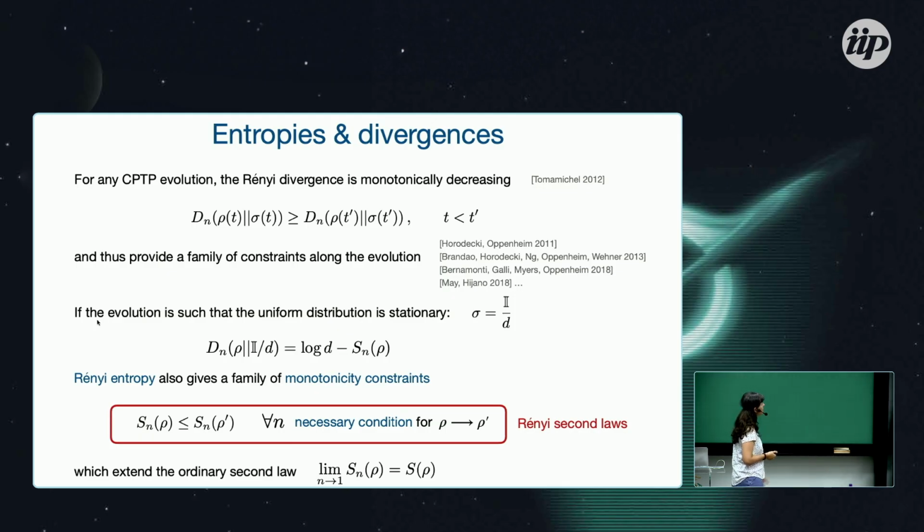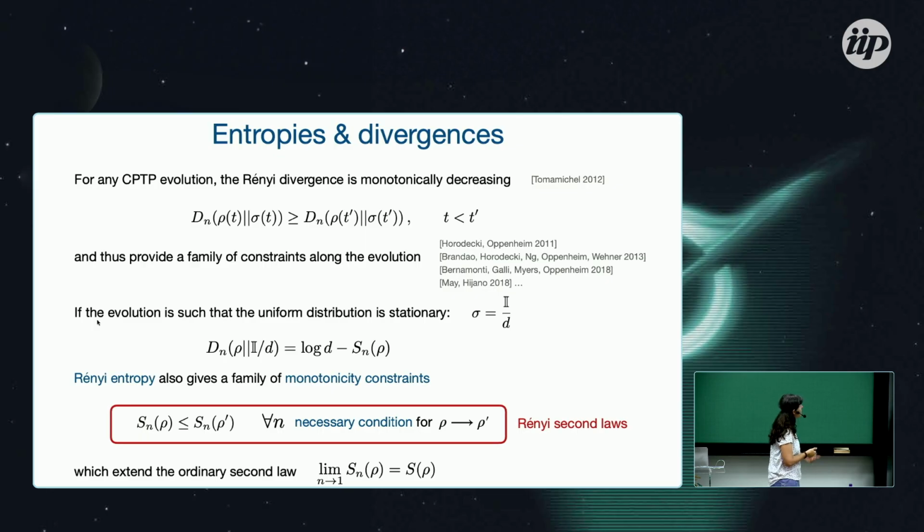So these Rényi extensions also satisfy similar properties to their n to 1 parents, and in particular, this form of Rényi divergence that I've shown before was proven in more recent years to be also monotonic under CPTP evolution. And so these types of quantities also provide additional constraints along the evolution, and this is a very non-complete list of works in which these constraints have been studied.